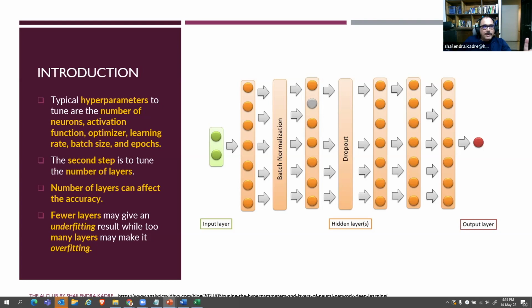For any machine learning or deep learning, the difference between parameters and hyperparameters is that parameters will always be a part of the model. They define the model. When you complete your training and say that I have a model equation, that equation will have parameters.